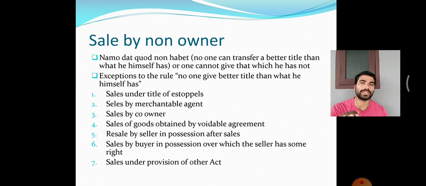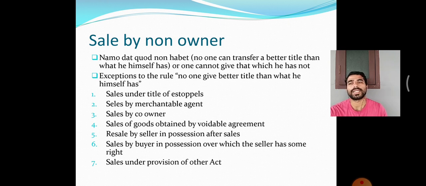But even so, suppose the goods are transferred to the buyer, and the buyer sells these goods to a third person. This may happen in our daily life. The buyer has not paid the full amount, so the seller has a right on the goods, and the buyer sells the goods to a third person, and the third person buys the goods in utmost good faith. So what is the legal position in this? The legal position is the third person will get the title.